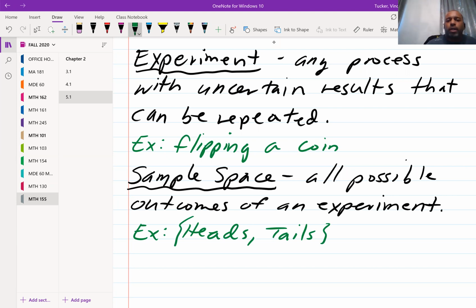All right, so when we look at starting to talk about how we would find our probability, first thing we know that we have is an experiment, which is any process with uncertain results that can be repeated. An example of that is flipping a coin. Your sample space is going to be all possible outcomes of that experiment. In this case, that'll just be heads and tails.